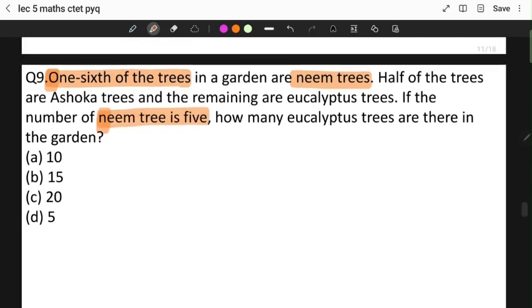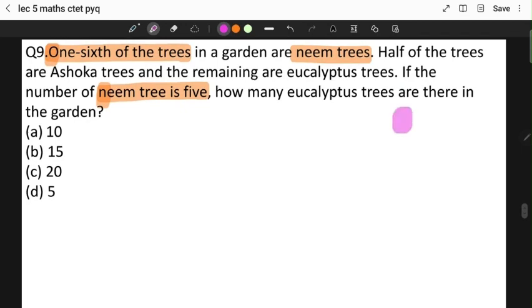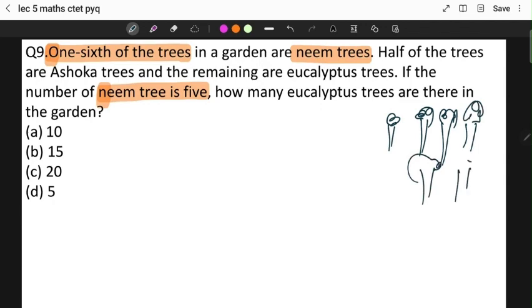Look here now, there are many such trees in the garden, out of which 1/6 of the trees are neem trees. They have given us the value of neem trees as 5, that is, there are 5 total neem trees.